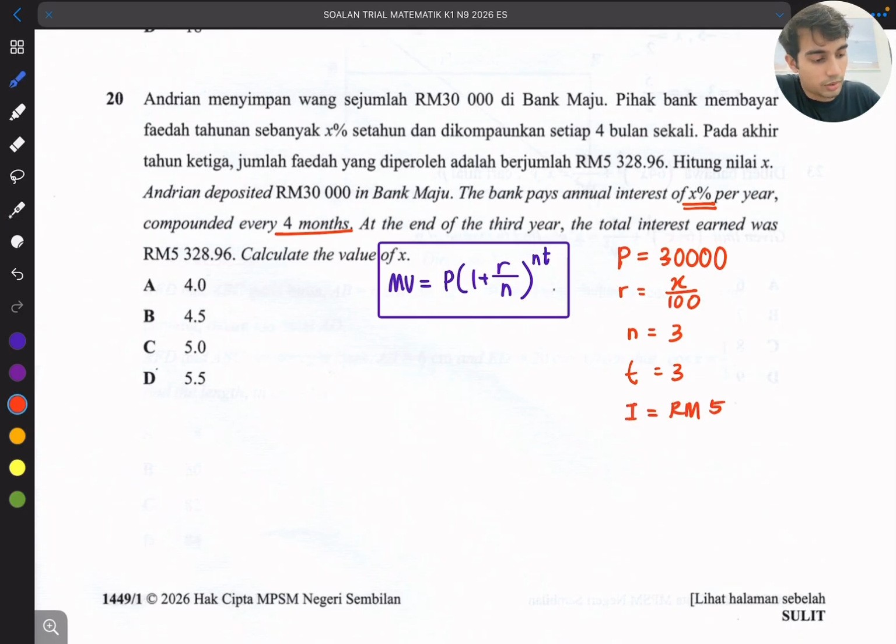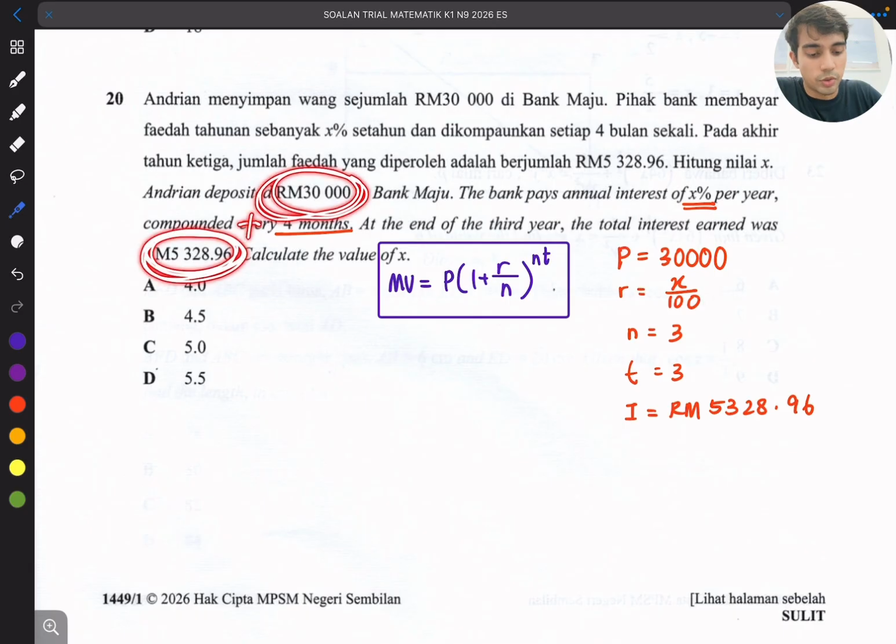Alright, so the interest he gets is 5,328.96. But if you see here, we don't have interest in the formula, we have matured value. Matured value means the principal plus the interest. He deposited 30,000, and he gets additional interest of 5,328.96.